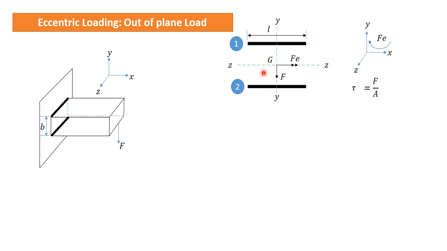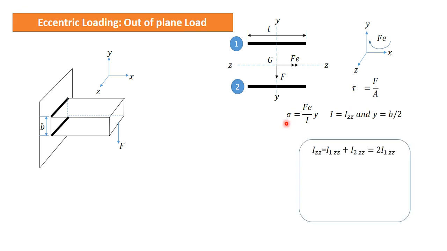Again this F will induce primary shear stress, and F into E will induce bending stresses on the weld. So this is how we can find this sigma and tau, and no doubt it means that at any point we now have a biaxial state of stress, one is tau and another is sigma, and for sigma we will be needing the value of I. So here we will be using IZZ, because we have to find the value of I about this ZZ, because ZZ would be the neutral axis in this case for this weld group.